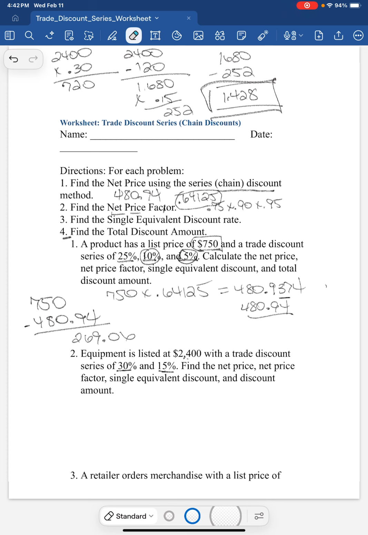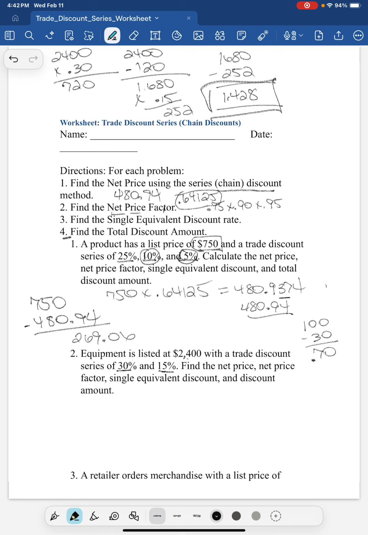Remember our complements. Subtract them from 100. So you get 70. Subtract 15 from 100, and you get 85. So we're going to multiply 0.70 times 0.85 to get a net price factor.